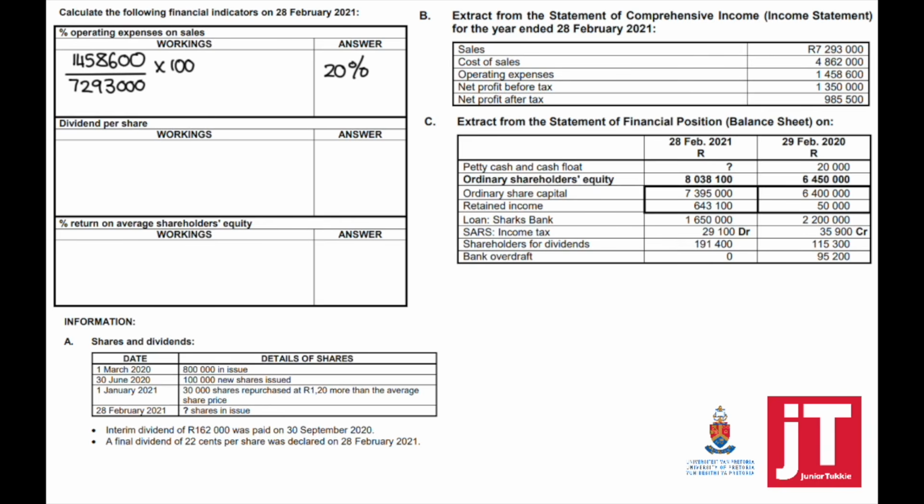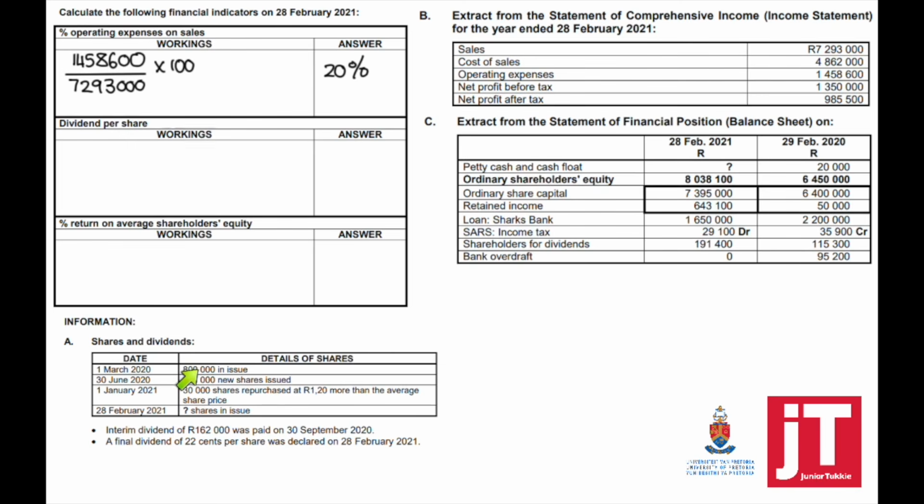Here, you need to make sure that you look at your dates. The interim dividend was paid on the 30 September 2020. This is after the company decided to issue an additional 100,000 shares. So the number of shares in issue is not 800,000.